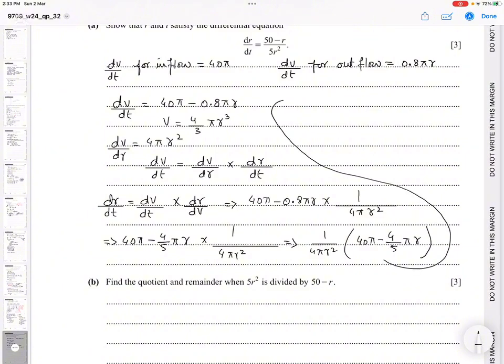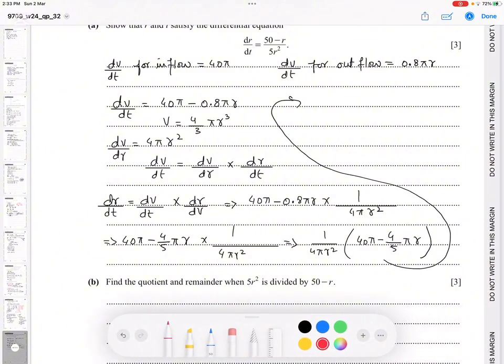Now come here, see working, the rest of the working is here in this part. Take 4 pi common. So 4 pi over 4 pi r square, so 10 minus r over 5.